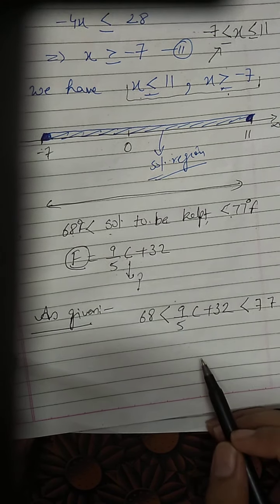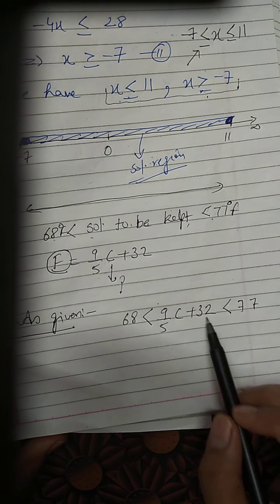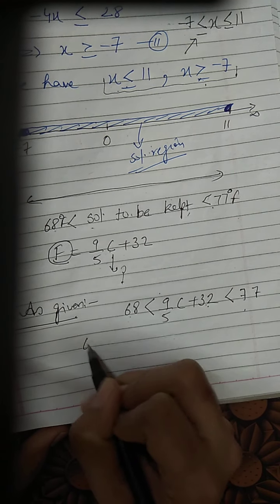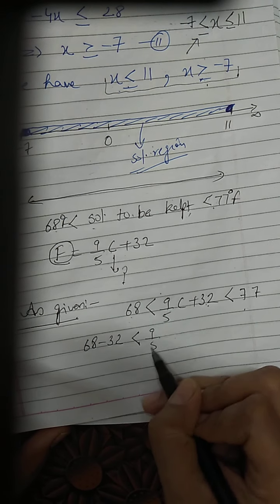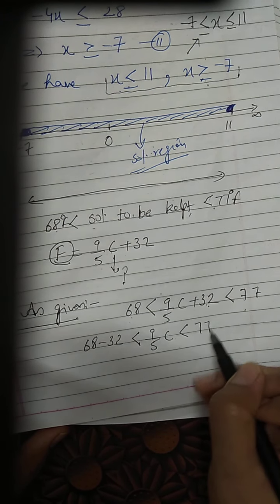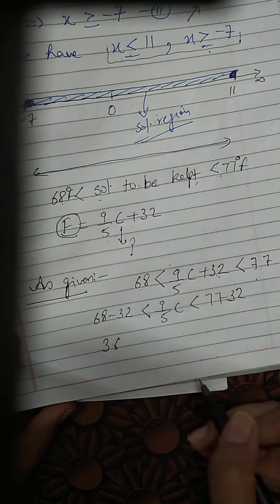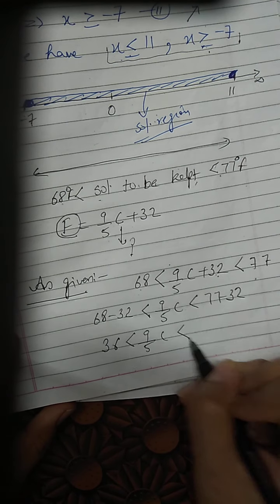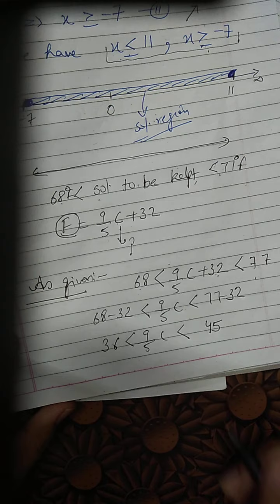Now we will solve it, okay, as we have done our first 6 sums. So first of all we will just subtract 32 throughout. So it will be 68 minus 32 less than 9 by 5 C less than 77 minus 32. So it will be 36 less than 9 by 5 C less than 45.